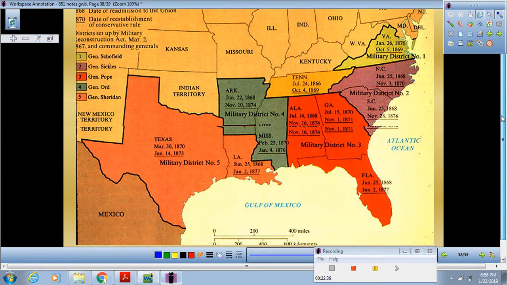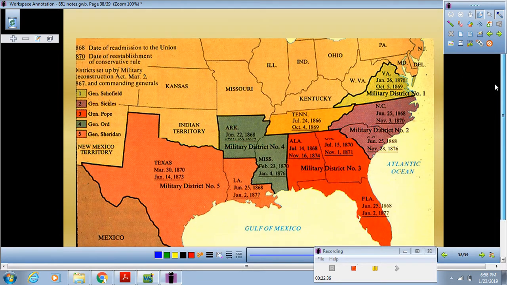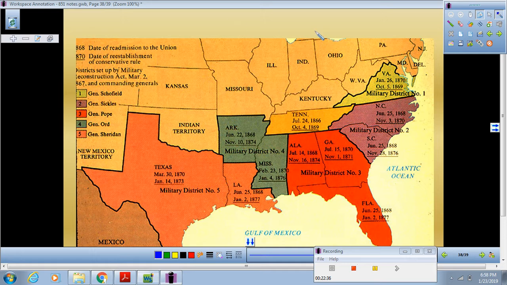Here is a map of the military districts of the South. South Carolina, the main thing you need to know possibly is it was District 2 along with North Carolina. You can see I messed up a little bit. Arkansas and Mississippi was number 4. Texas was number 5. Texas and Louisiana.